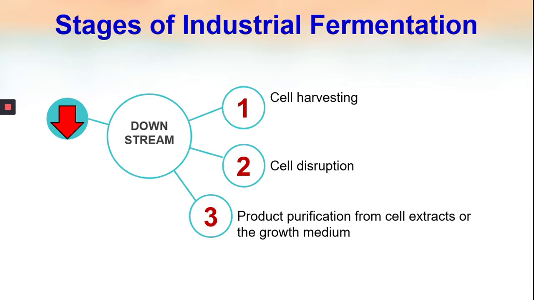Under the downstream process, we have several processes involved such as cell harvesting, cell destruction, and also product purification. At the end of the process, we must produce a product that reaches 90% and above purity.